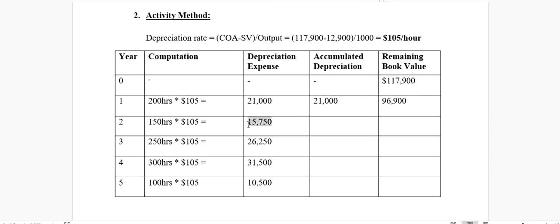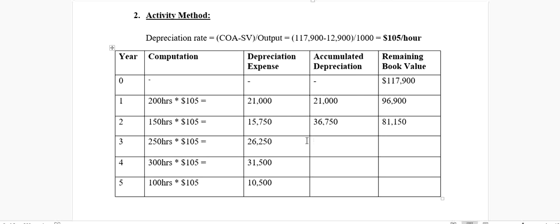Now, for the second year, our depreciation is $15,750. So our accumulated depreciation will be the current year depreciation plus the depreciation of all the previous years. That's $21,000 plus $15,750, which gives me an accumulated depreciation of $36,750. My remaining book value would be $96,900 minus $15,750, which gives me a net value of $81,150.